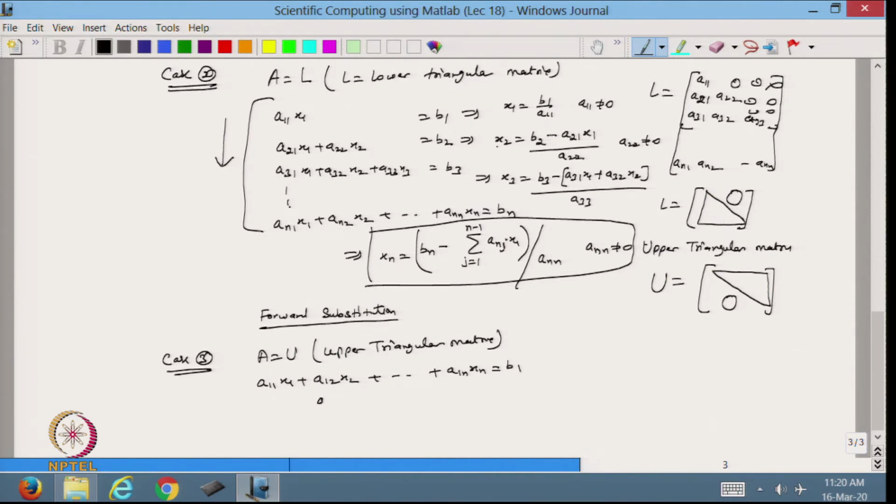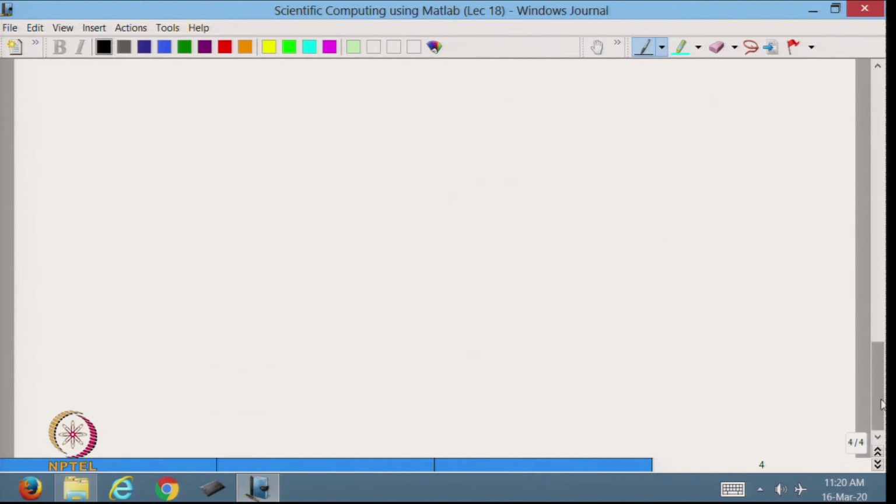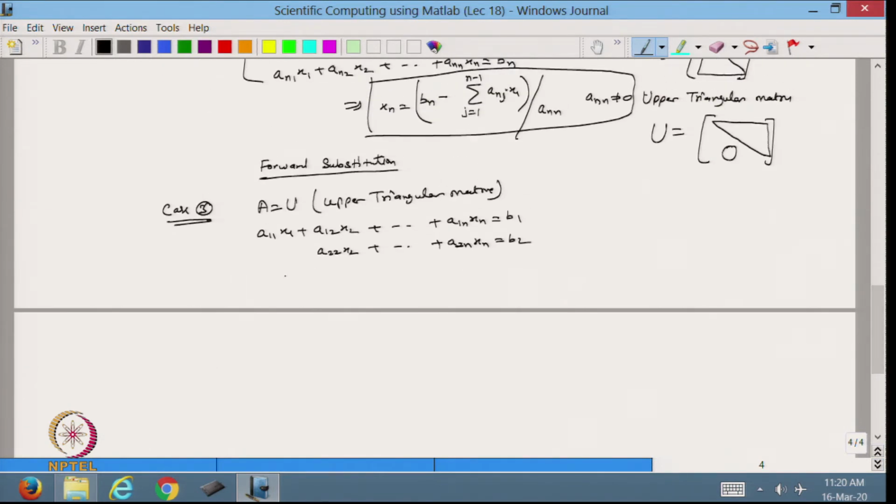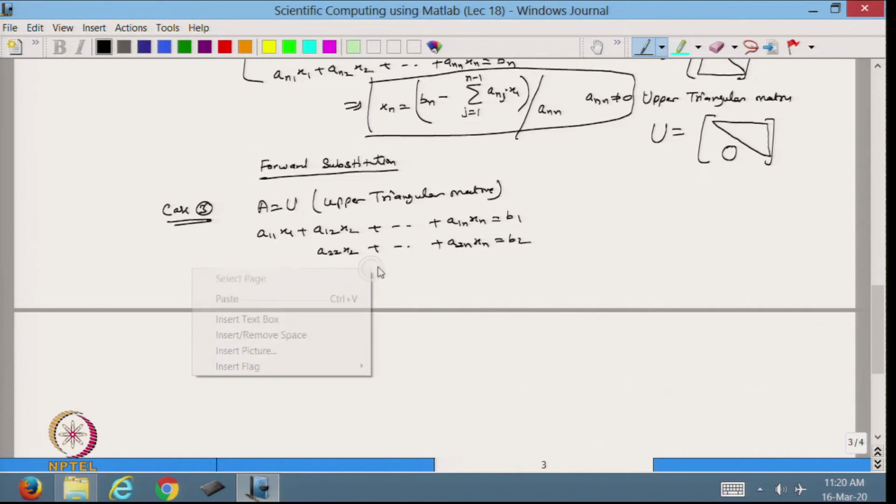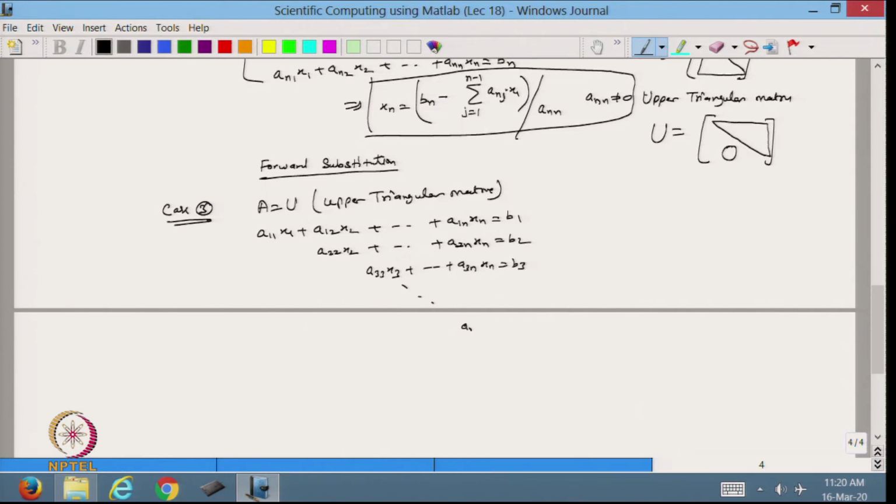The next equation will be a22 x2 up to a2n xn is equal to b2. And the next will be a33 x3 up to a3n xn is equal to b3, and if we go the same way, the last one will be ann xn is equal to bn.